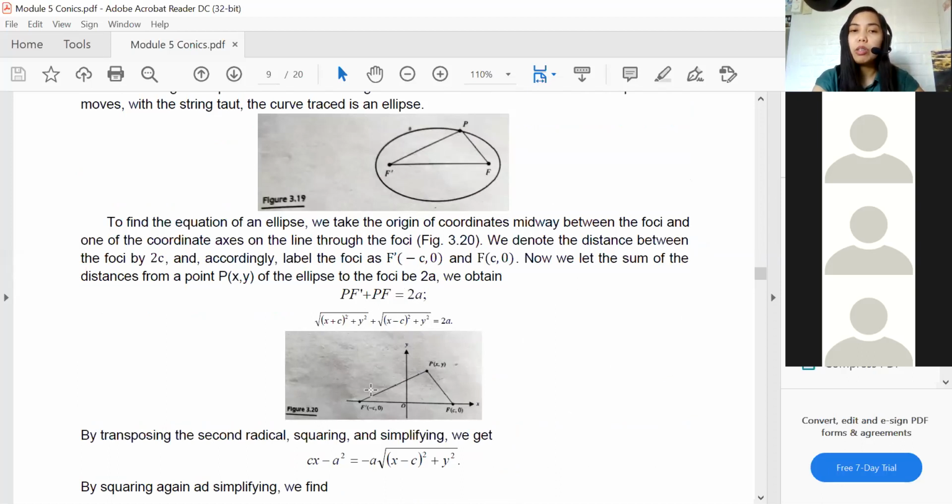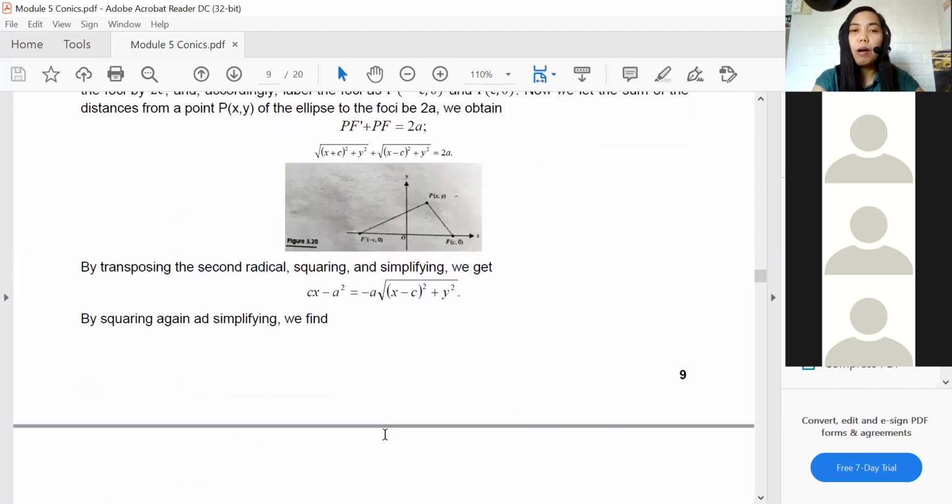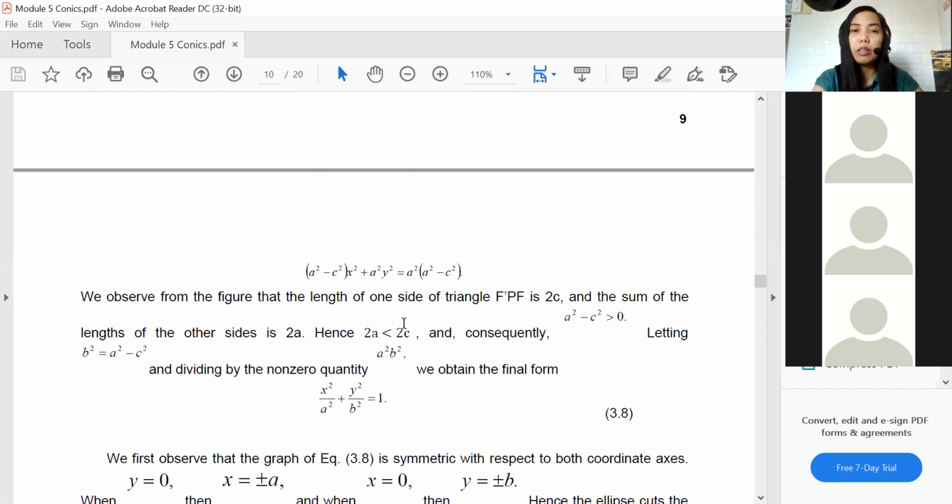When we use the distance formula and simplify it, we're going to come up with the result. We will not derive the formula kasi na-derive naman din natin yan sa parabola. The process is just the same. And then we will have this standard form with center at the origin: x squared over a squared plus y squared over b squared equals 1.